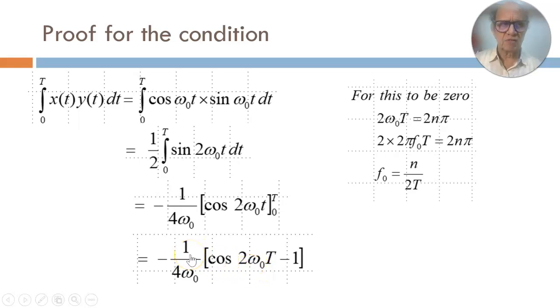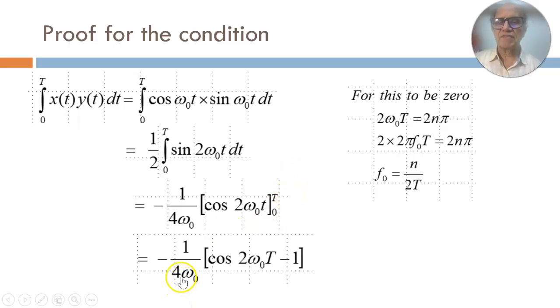Of course, here we are assuming that cos and sine both have unit amplitudes, but as long as their amplitudes are not too high, whatever we are discussing here will be valid. So as long as 4ω₀ is much greater than the maximum value of the numerator, for all practical purposes this result will be negligible, and we can say that cos and sine functions are orthogonal to one another.